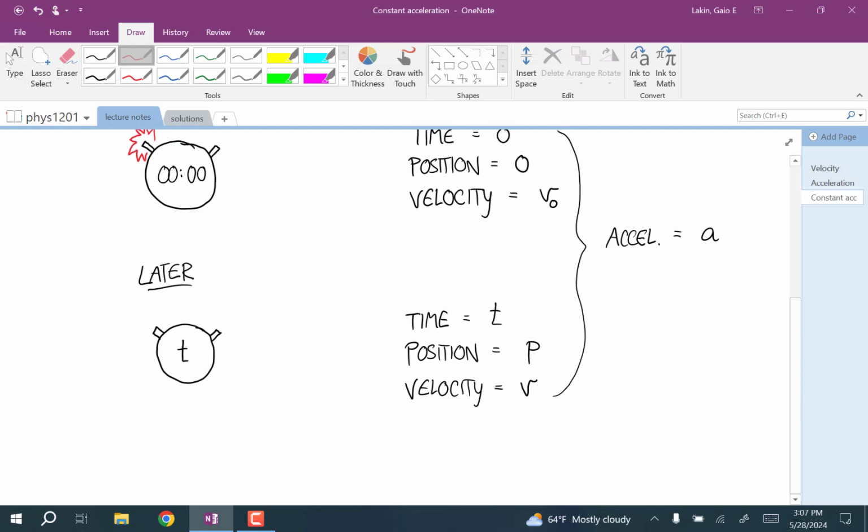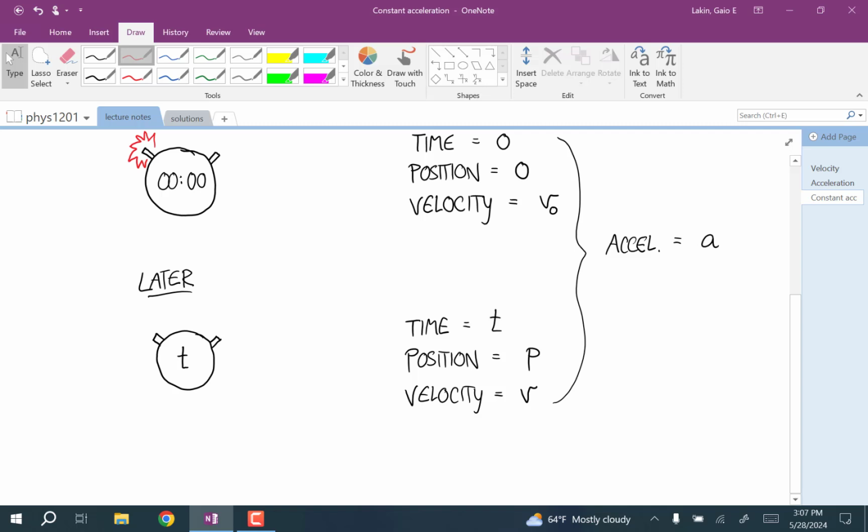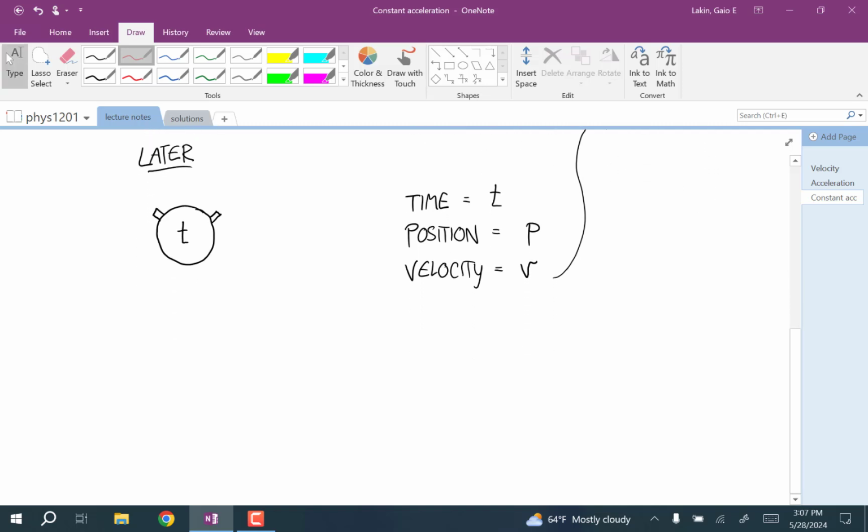So in a case like this, there are three important equations that we're going to use to come up with relationships between these variables. And those are, the first one says that the velocity at time t is equal to the velocity at time 0 plus a times t.